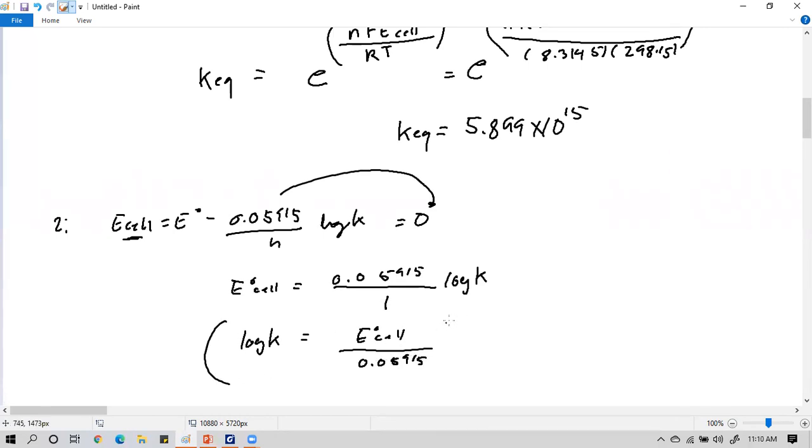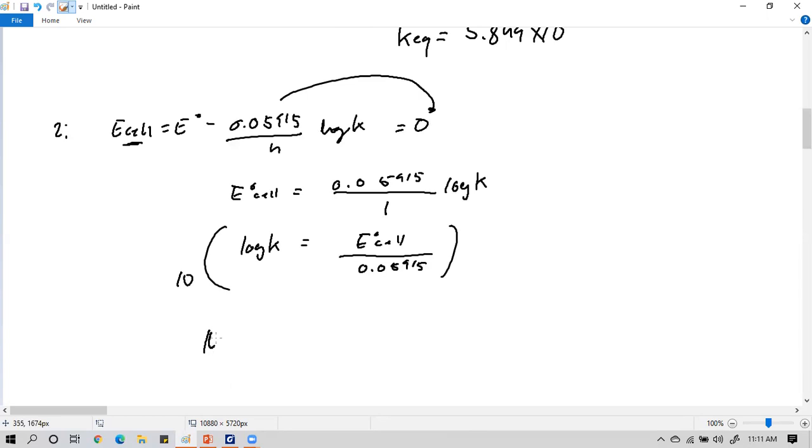And then, para matanggal yung log, you will use the exponential term here. So, the K, EQ, will be 10 raised to the E naught cell all over 0.05915.